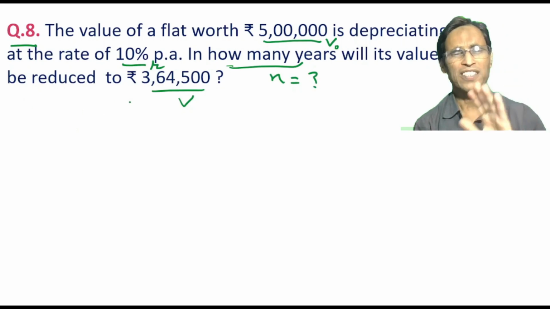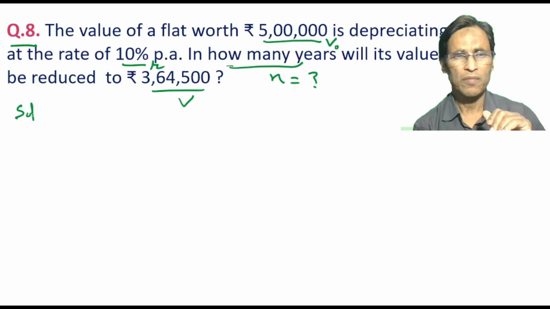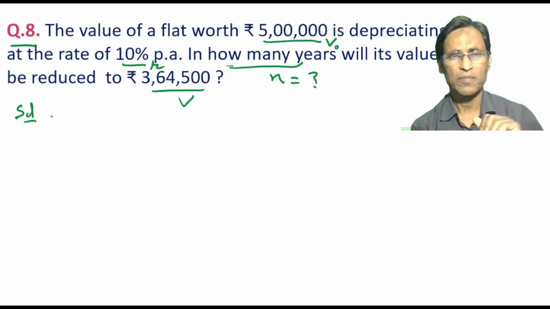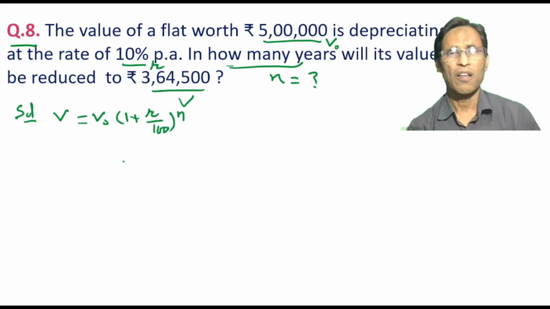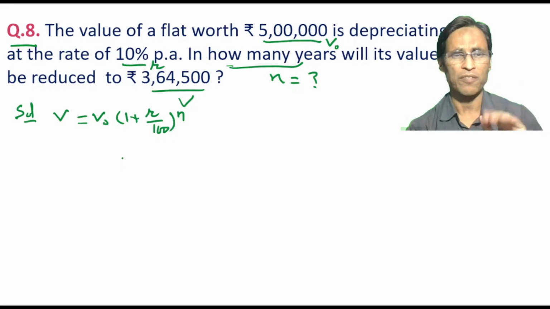So now, by collecting this information, we proceed like earlier. As we know, V equal to V0 times (1 plus R by 100) to the power n. In the next step, we will replace the quantities with the information given.